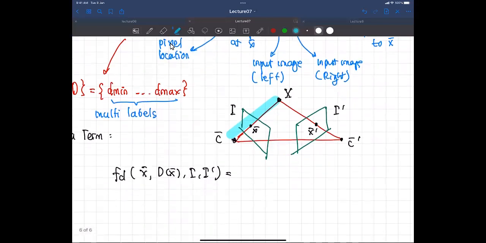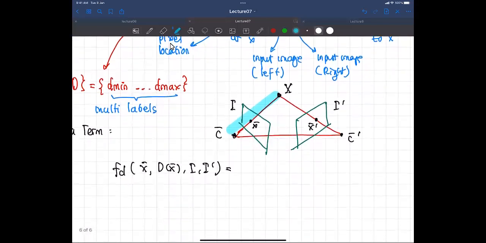Okay. So imagine that we have that one. And I will give you the equation first here, but then we can discuss the meaning of this equation.